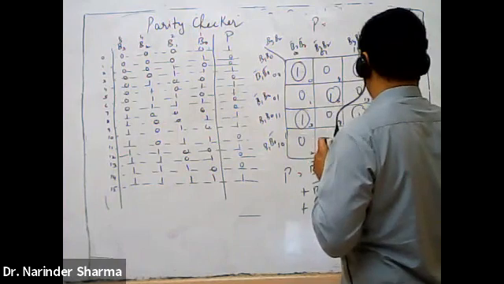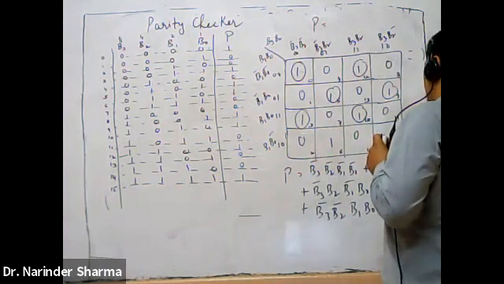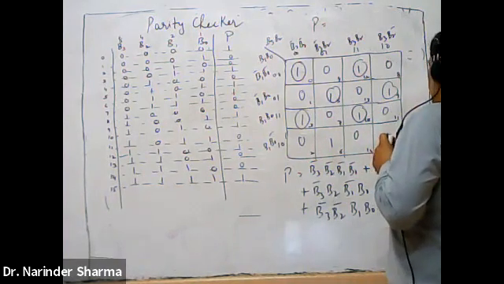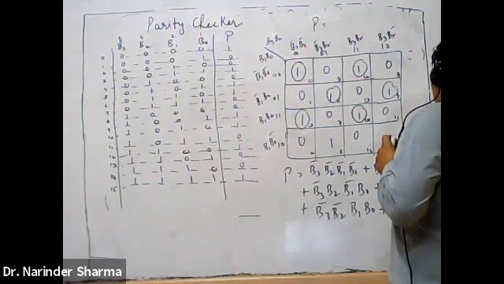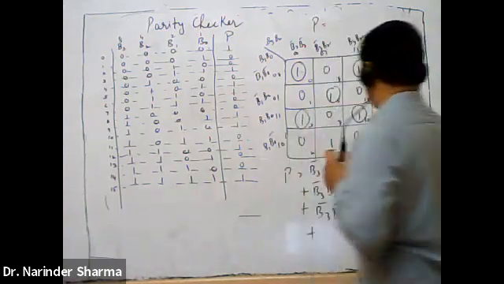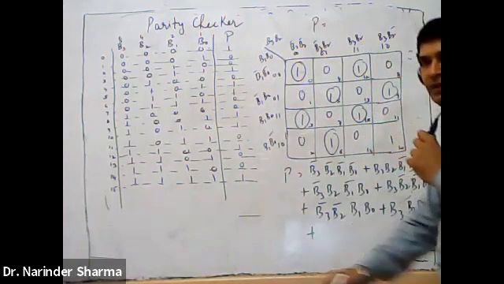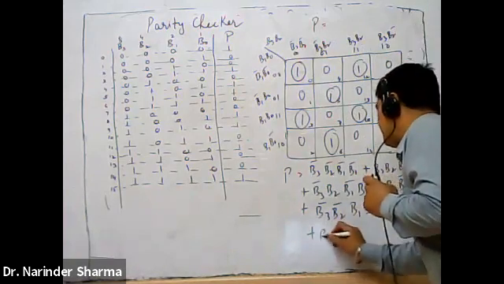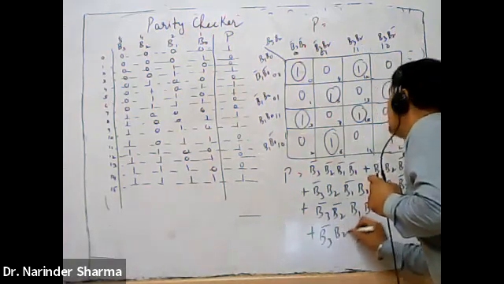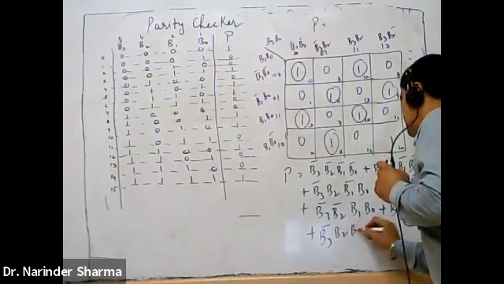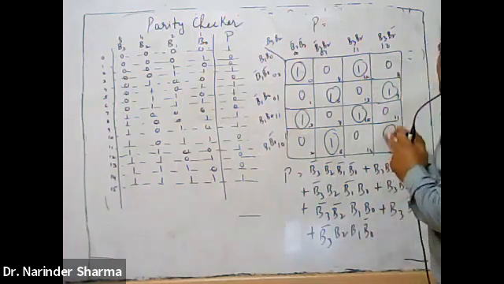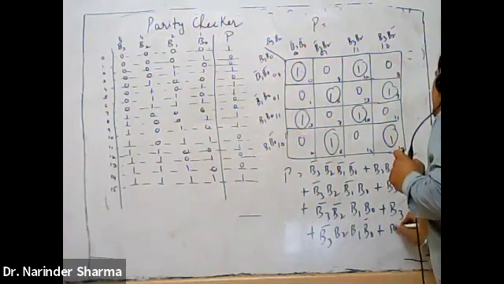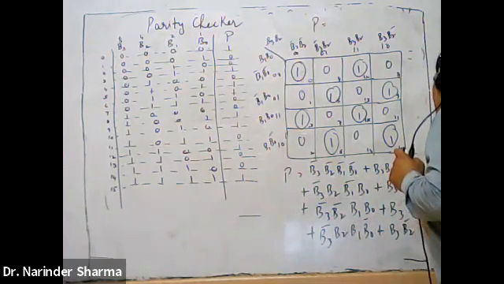For this expression, you have to write B3, B2, B1, B0. For this expression, you have to write B3 bar, B2, B1, B0 bar. For this expression, you have to write B3, B2 bar.